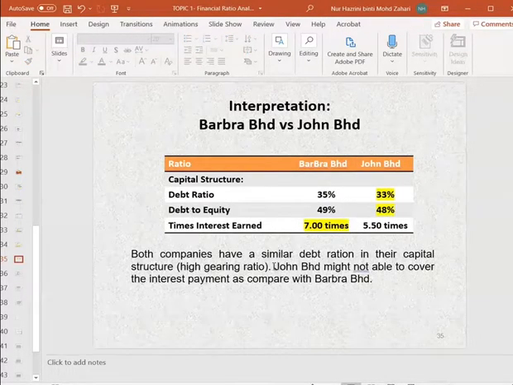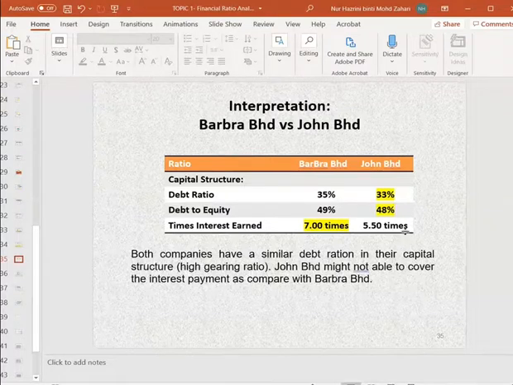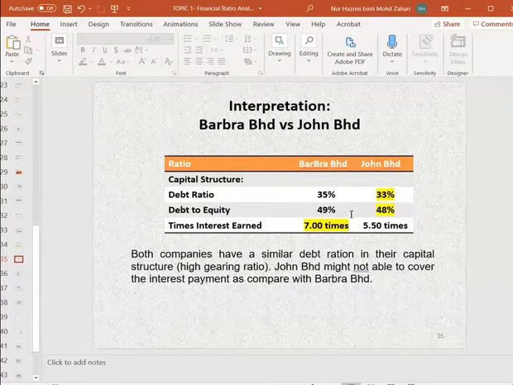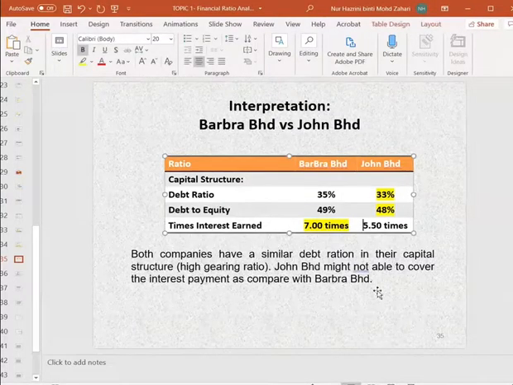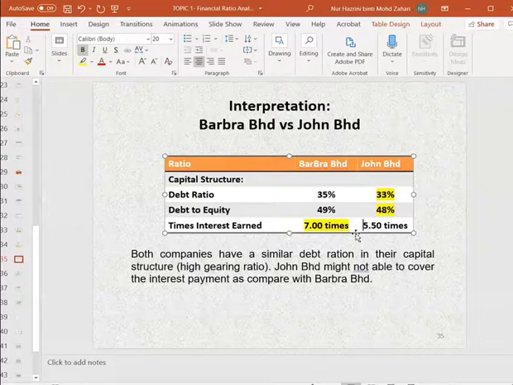Okay, so both companies have a similar debt ratio in their capital, more or less similar. Okay, John Berhad might not be able to cover the interest payment as compared to Barbara Berhad. So the times interest earned for John Berhad is lower, but it's still okay basically. But if you want to compare, Barbara is better.